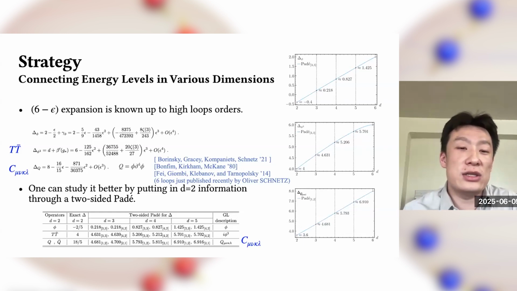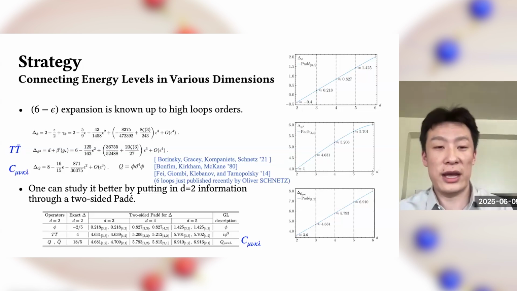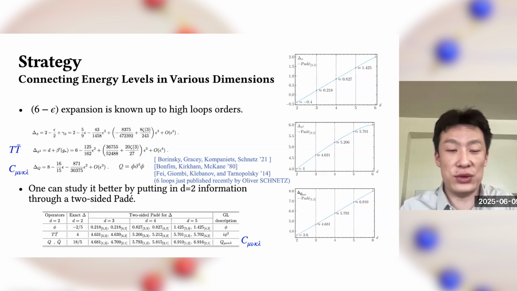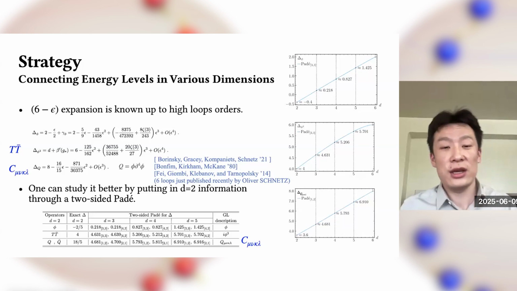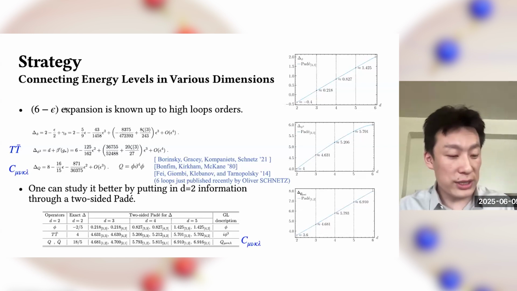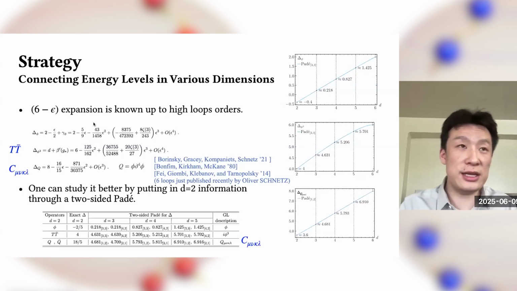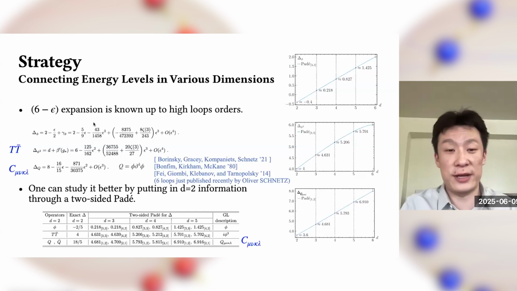The strategy that we took to dig it out has two pieces. The first piece is to actually look at the Yang-Lee criticality across different dimensions. And we want to really take the 6 minus epsilon expansion seriously. These days we can find in the literature the 6 minus epsilon expansion computed up to 5 loops.